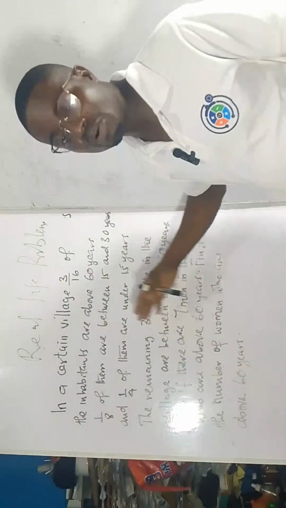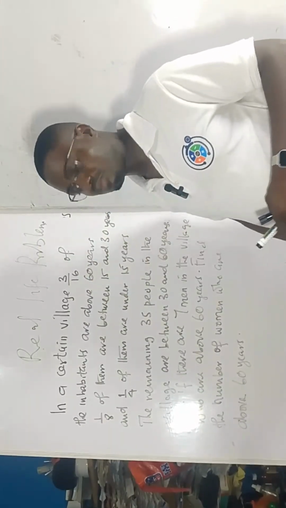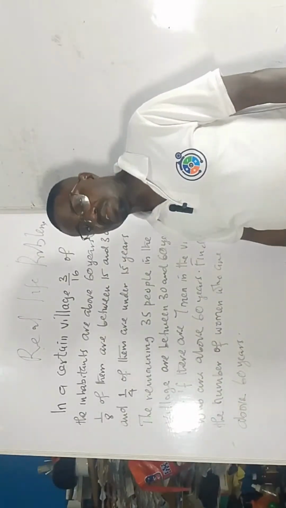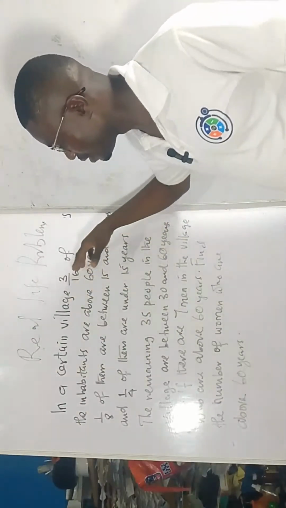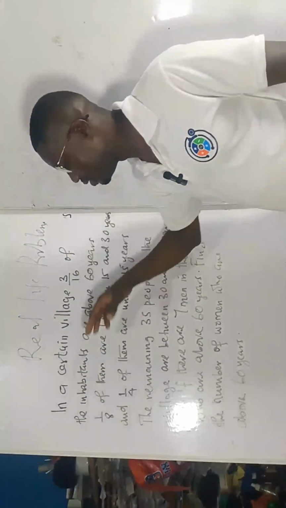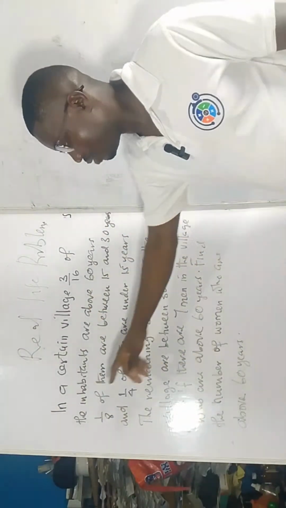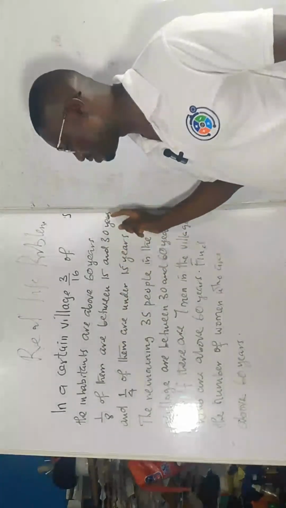So this is a February 2026 word problem. Let's go through the question, and then we'll look at our discussion as we progress in the lesson. It says in a certain village, 3 over 16 of the inhabitants are above 60 years. 1 over 8 of them are between 15 and 30 years.